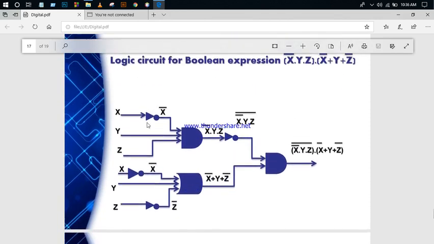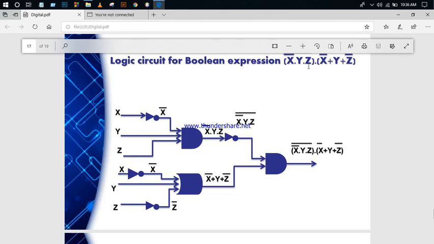Here, firstly x bar. So here is the input x y z, and then the NOT of that, x y z. x is x bar, then dot y, z.